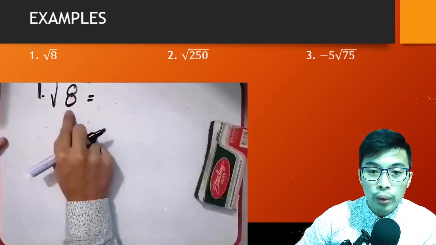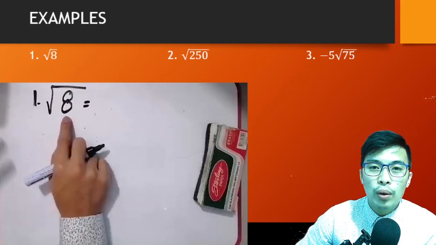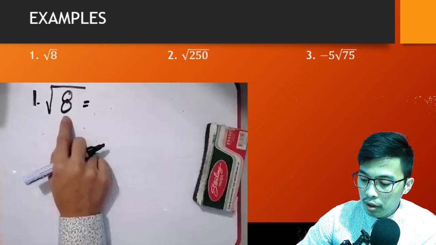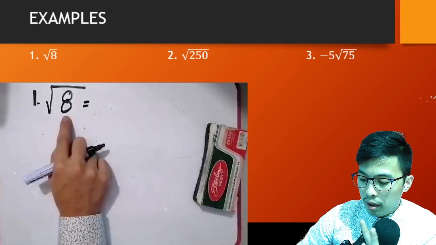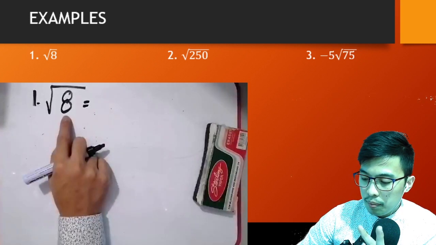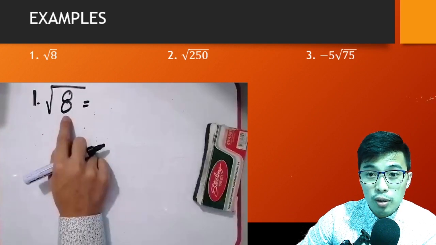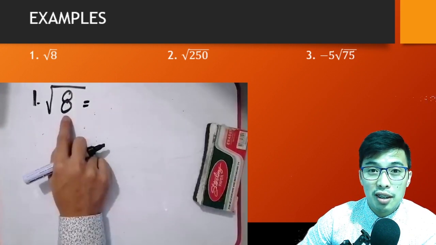Alright? So I'll just write the example number 1 here on the whiteboard. Okay, so again, we need to factor 8, which the other factor is a perfect square. So first, we begin with 4. Is 4 a perfect square? Yes. Alright?